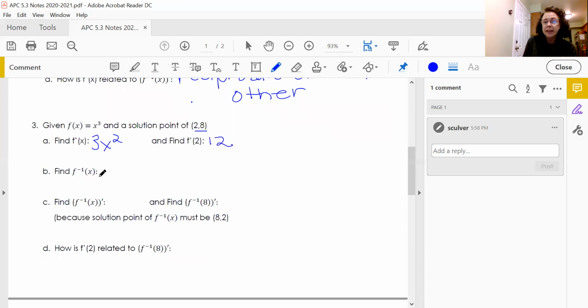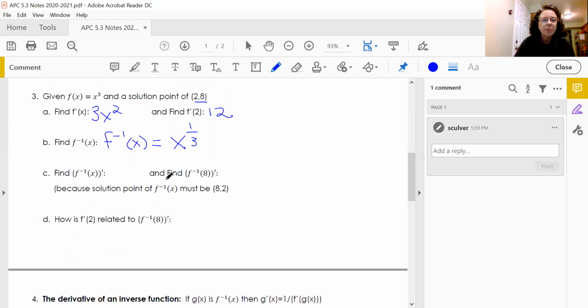Okay, now let's find the inverse function. I'm sure if you did that, you would discover, because there's only one function going on, that the inverse is the cube root of x, or x to the 1/3, right? That would be the inverse function. And now we're going to find the derivative of the inverse function. So let's bring that over here.